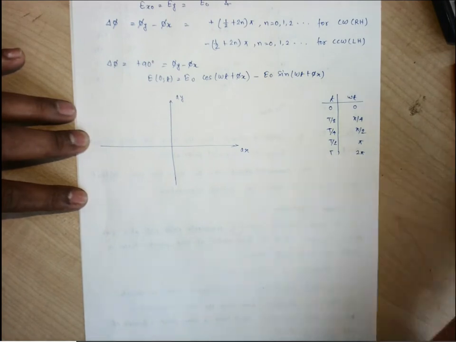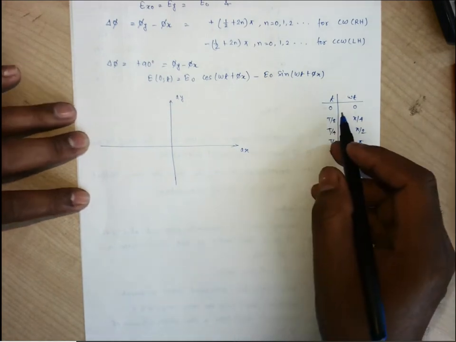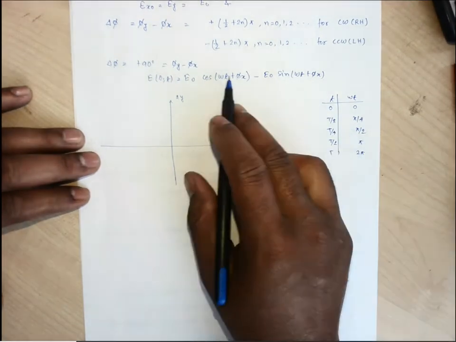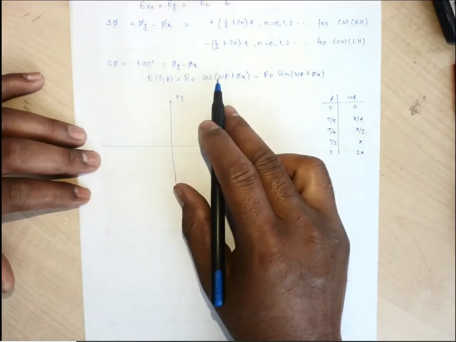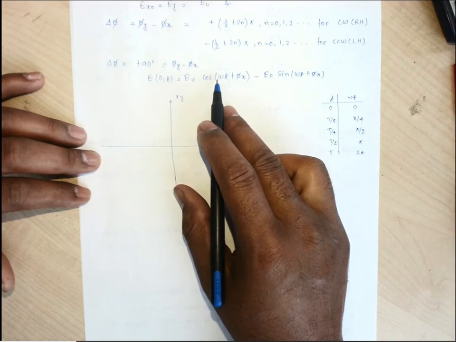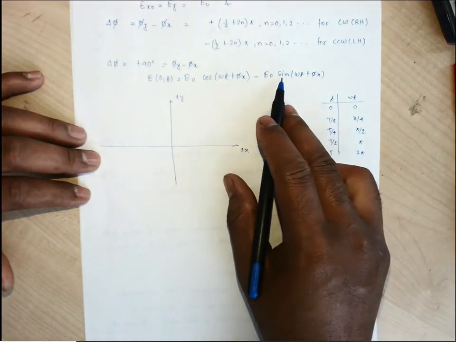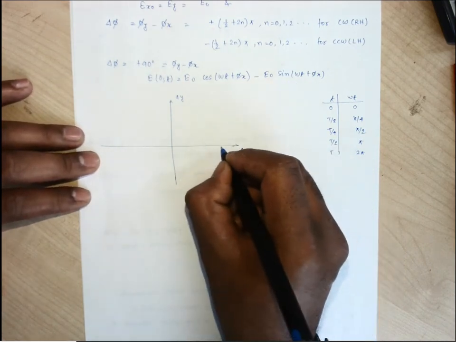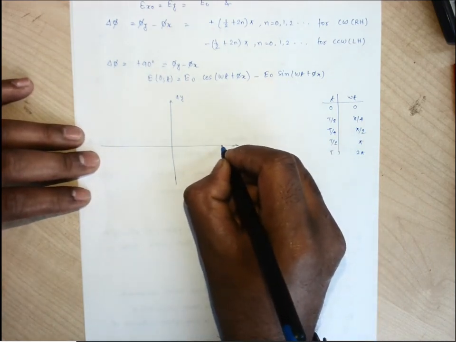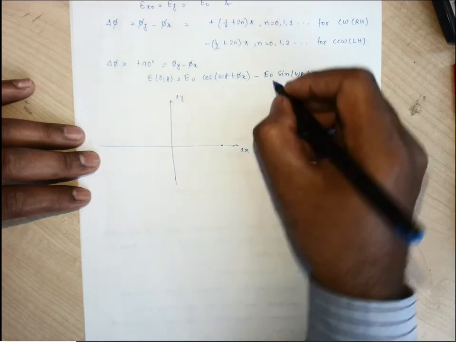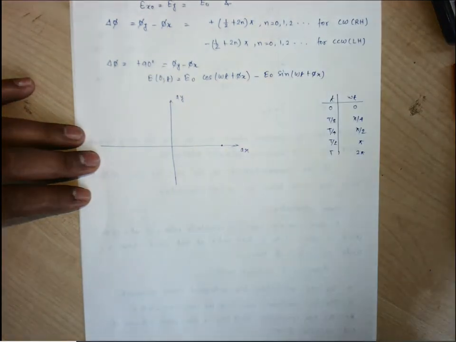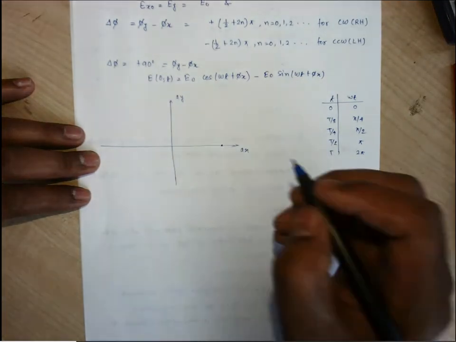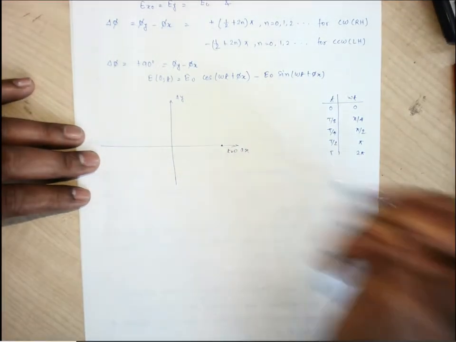So these are the different values. Now if we put t equal to 0, omega t is 0, so sine 0 is 0. So this one will be here, E0 along x, Ey will be 0. This sine component will be 0. So this one is the point for t equal to 0.